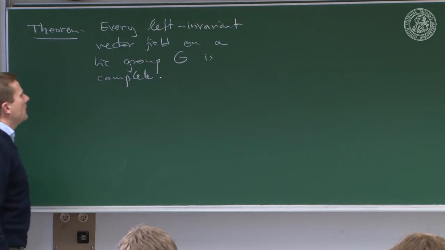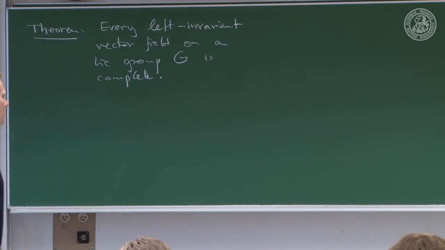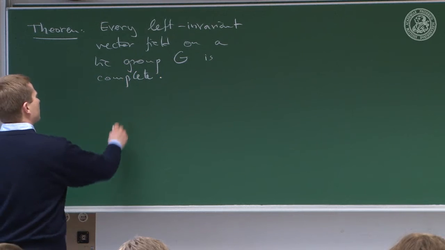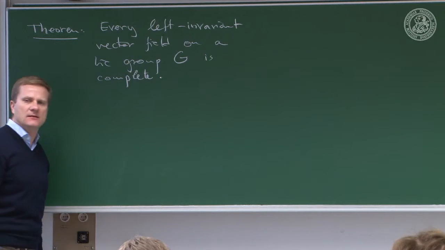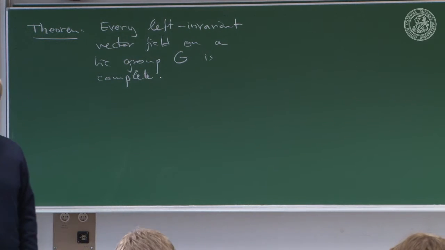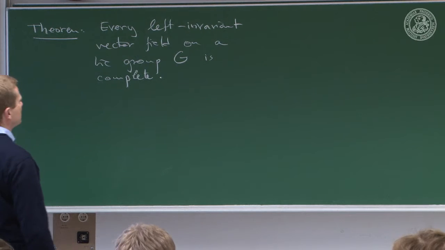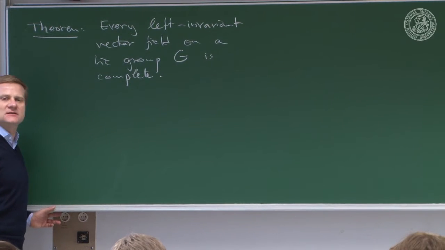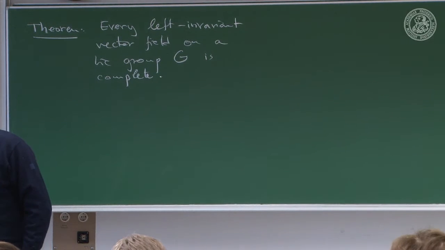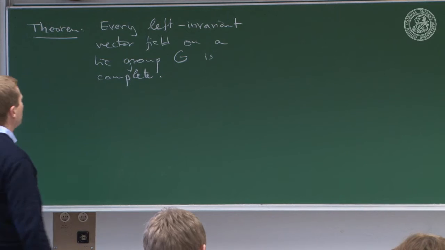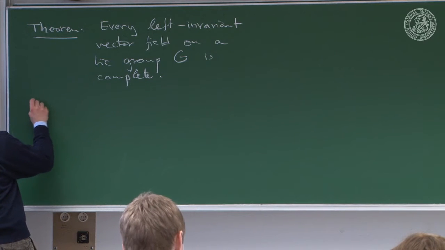So that's a theorem one can prove. It's not so difficult to prove it, but it's a little lengthy. But it's a key result of Lie theory. It's one of the most important results, although it appears so innocent here. And the reason why it's so important is the following construction.